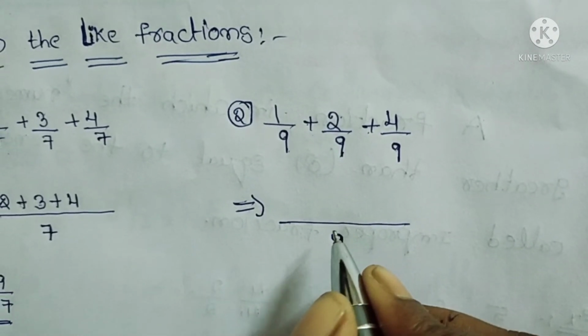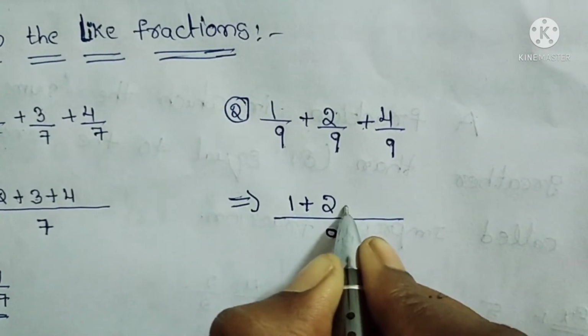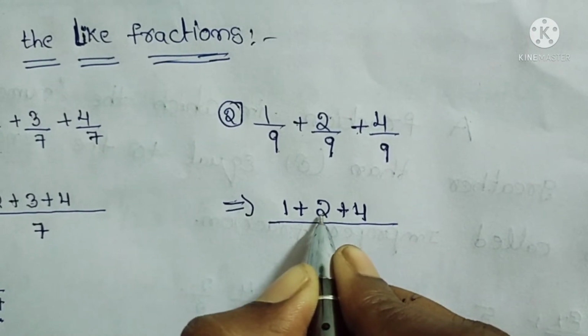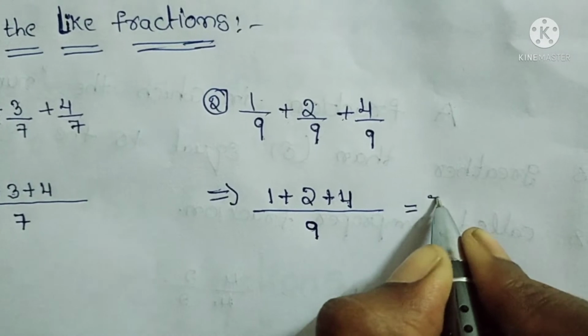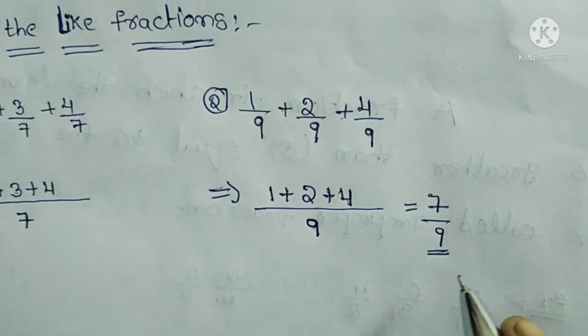To add the numerators, 1 plus 2 plus 4. 1 plus 2 is 3, 3 plus 4 is 7. 7 by 9.